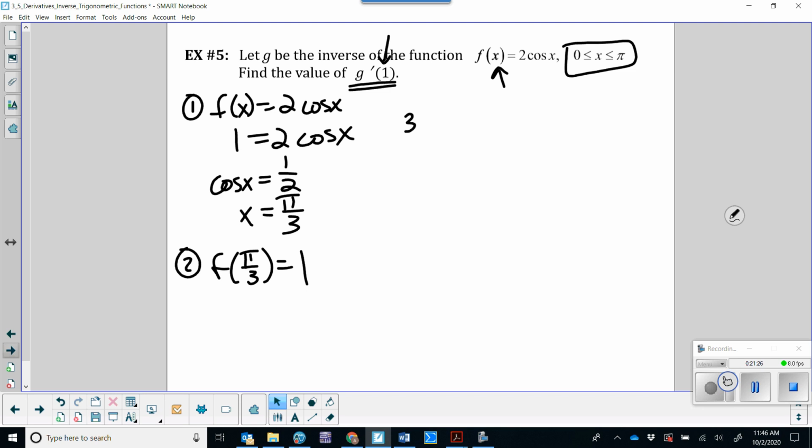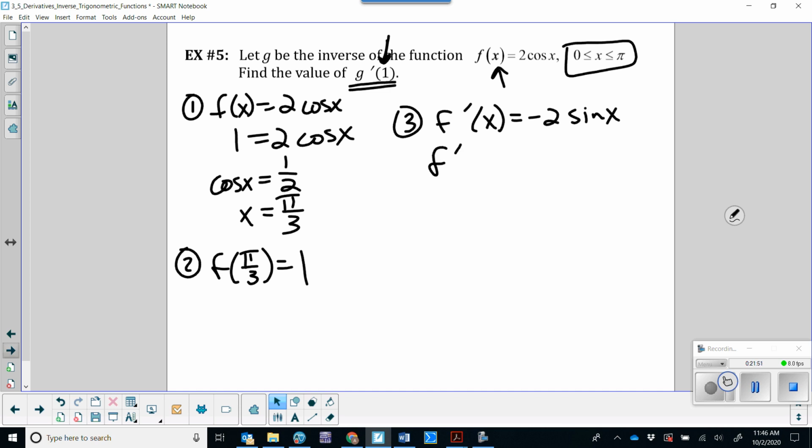So the next thing that I do is I need to find the derivative of f, because the formula is 1 over the derivative of f at the other half of the point. So instead of at 1, at pi over 3. So first let's find the derivative. The derivative of 2 cosine x would be negative 2 sine x.